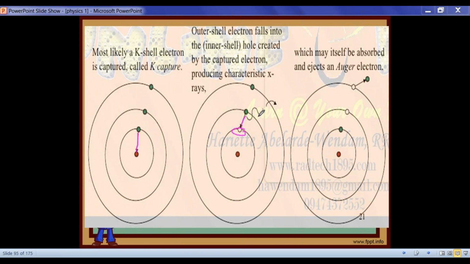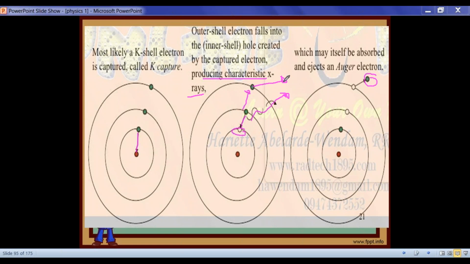During the filling up, there is a production of characteristic X-rays, which may itself be absorbed and eject an Auger electron. So, pwede po na ang characteristic X-ray na ito ay kusang lumabas. But sometimes, may mga occasions din po na instead na lumabas po siya ng diretso, pupunta po muna siya dito at i-eject ang electron na ito.